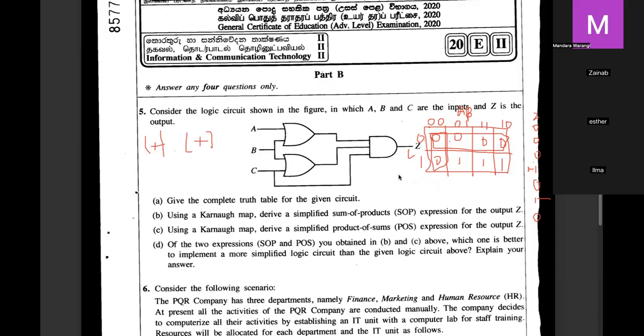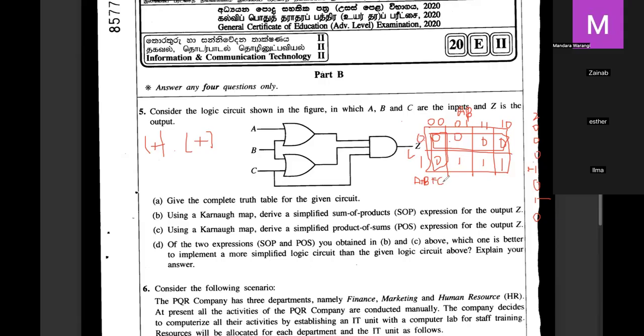So the first one, how can we write it in product of sum? Because A is 0, B is 0, and C is 0, this should be an addition of sums, not like SOP.